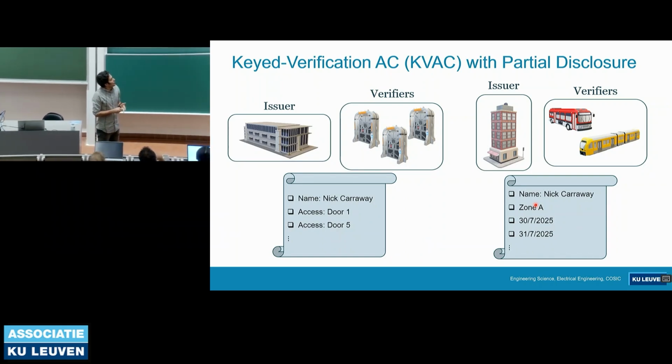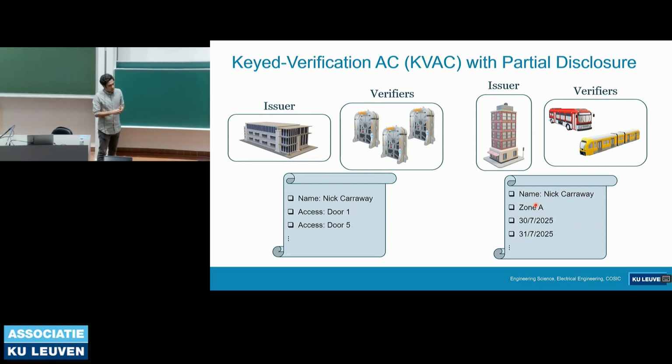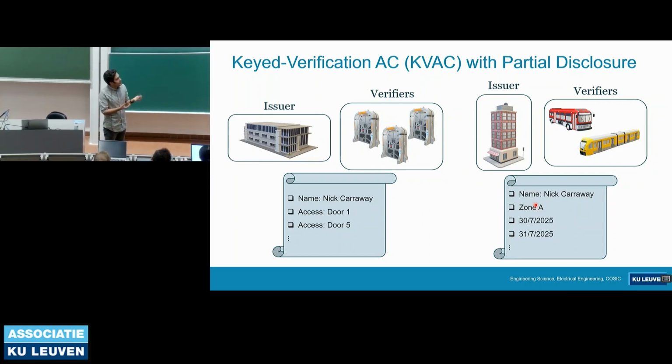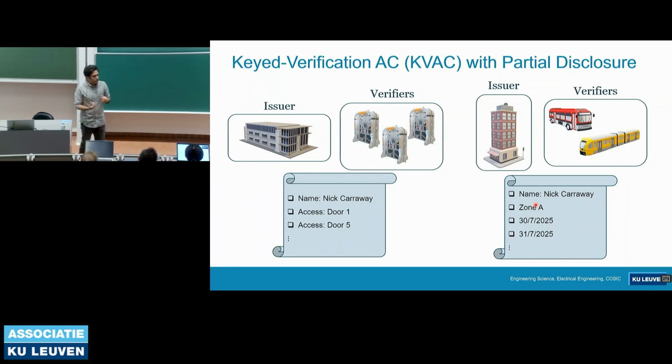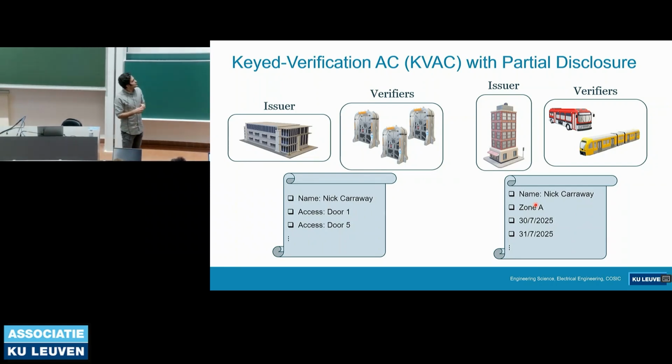And for public transportation, his name, the zones that he has access to, and the dates that his tickets are valid for. And this partial disclosure thing is really important here.